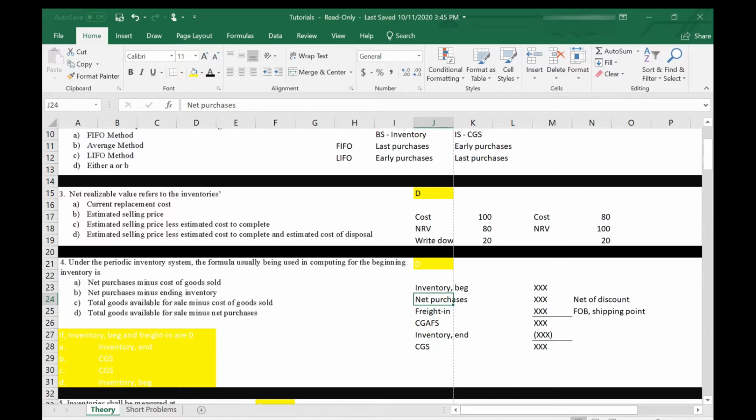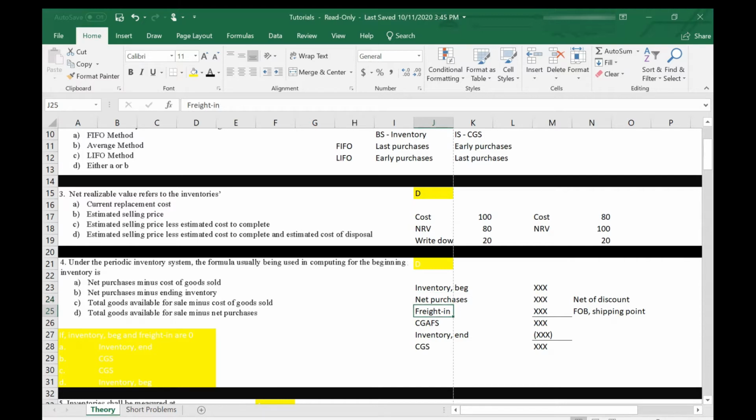I think the more logical assumption, if there is no evidence to the contrary, is that the company avails of the discount kasi makasave siya ng pera doon. So, let's say kung 100 peso yan, tas may 2% na discount, we record the net purchases at 98. How about the freight in?